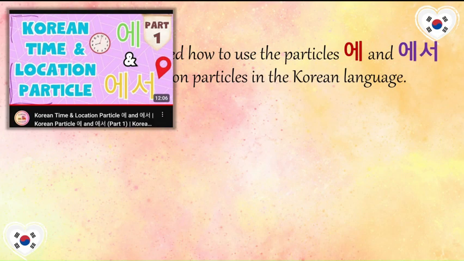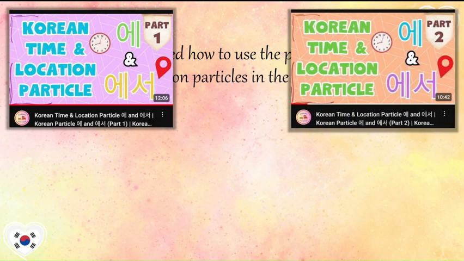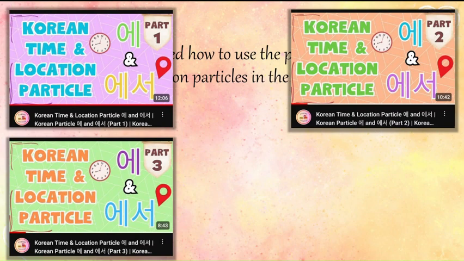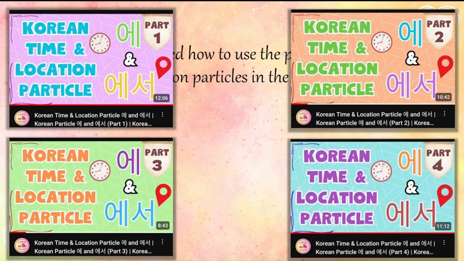Then in the second part, we learned the usage of 에 as a location particle. Next, in the third part, we learned how to use 에서 as a time particle in Korean sentences. And then in the fourth part, we learned the usage of 에서 as a location particle. Okay, so this much is clear.